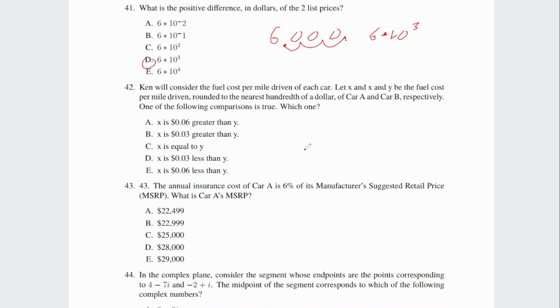Ken will consider the fuel cost per mile driven of each car. Let X and Y, this is a typo, let X and Y be the fuel cost per mile driven, rounded to the nearest hundredth of a dollar, of car A and car B, respectively. Which one of the following comparisons is true?